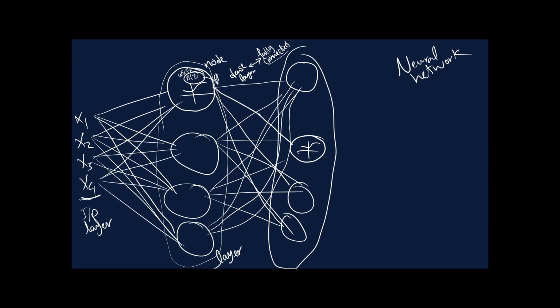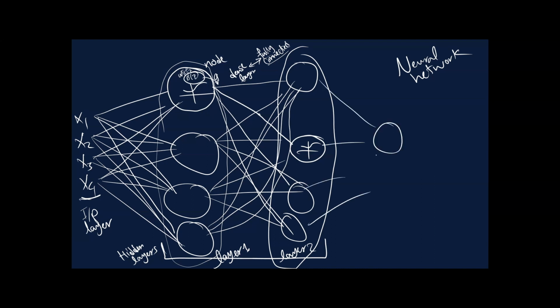And we can call all the layers in here hidden layers, because they are hidden in the middle between the input layer and the output layer. So this will have the final prediction.